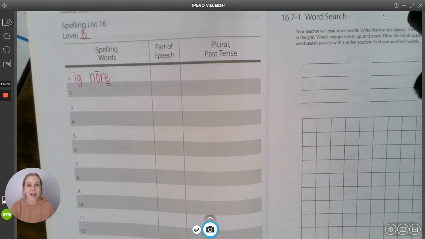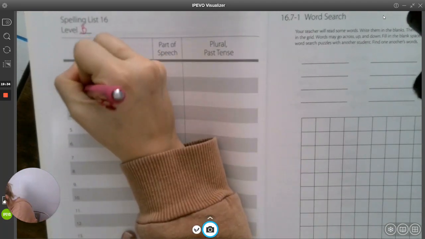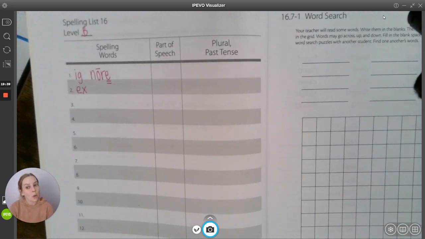Number 2, explore. Say explore. I want to explore this city. 2 syllables in the word explore. First one is ex. Sound it out. Ex. Finger spell. Ex. And the second syllable is plore.